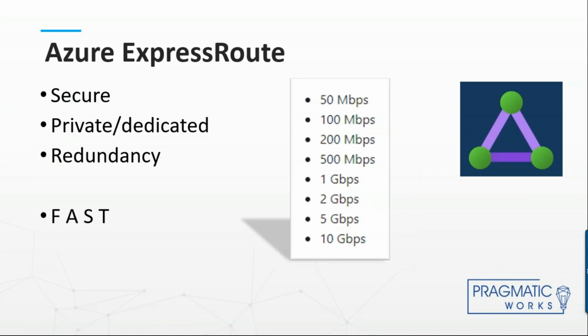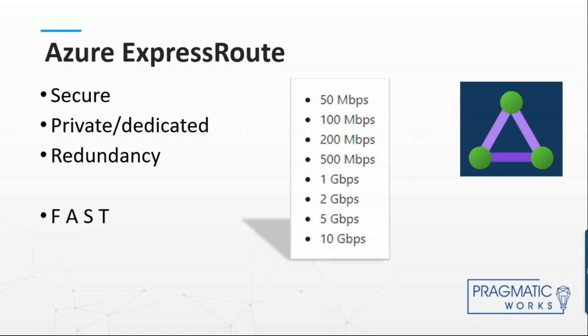Now, one thing that we can do to help with that timing is by using Azure ExpressRoute. And I'll jump to my last bullet point there. The reason we would use Azure ExpressRoute in this case is because it is fast. It is a dedicated connection between your environment, which I'm assuming here will be on premises for this point of the talk.